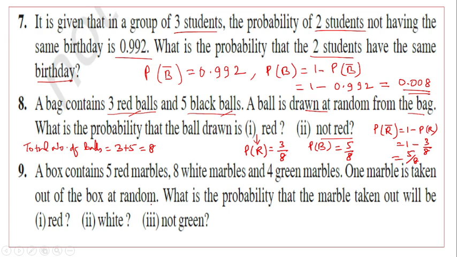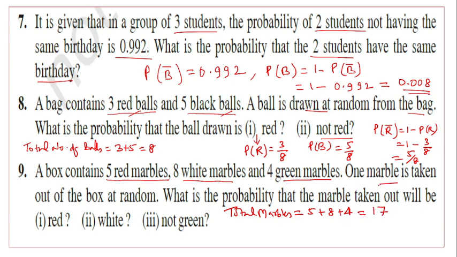A box contains 5 red marbles, 8 white marbles, 4 green marbles. So the total number of marbles will be 5 plus 8 plus 4, 17 marbles.